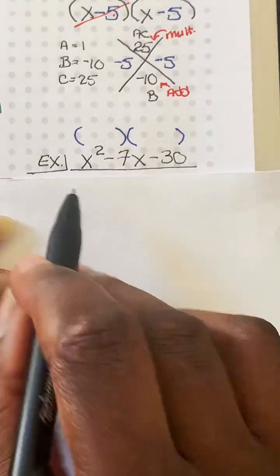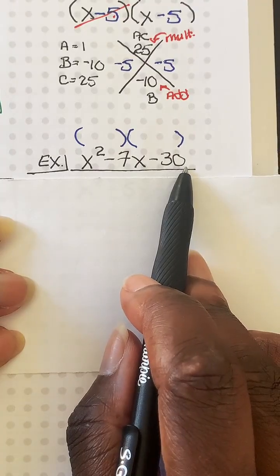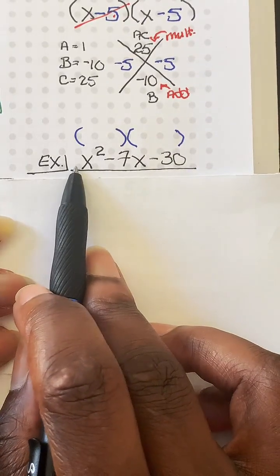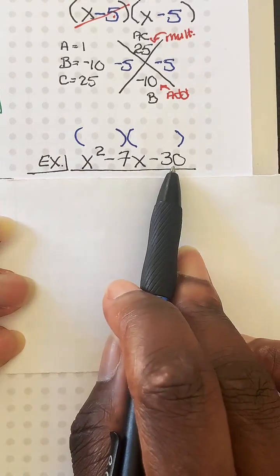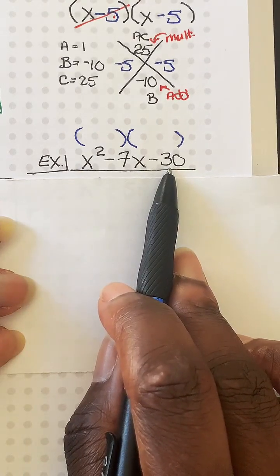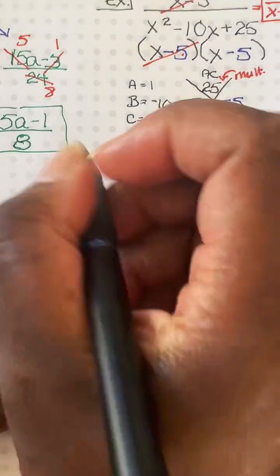The reason why I know I can factor it is that it's in that standard form we were talking about. My A, which is right in front of the x, is a 1. My C is negative 30. If I want to do my cross, I'm going to see if I can squeeze it right here.